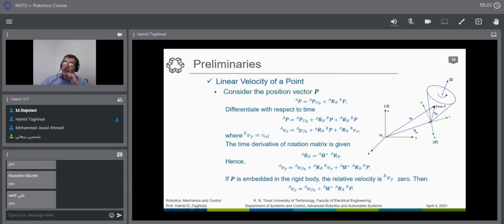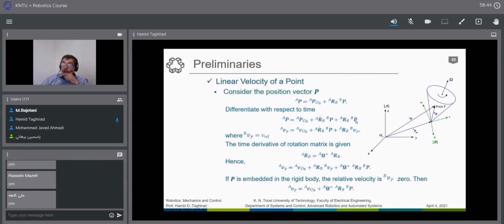POB dot is the velocity of OB, or the origin of the frame B, which is also a point in the space, which can be found very simply. Plus, now we have the derivative of the other two parts. We can say the derivative of this times that, and this times the derivative of that.